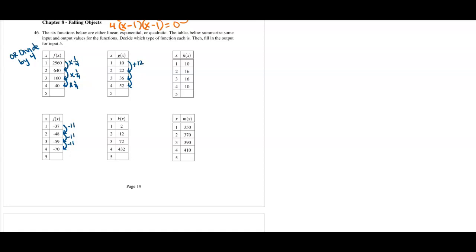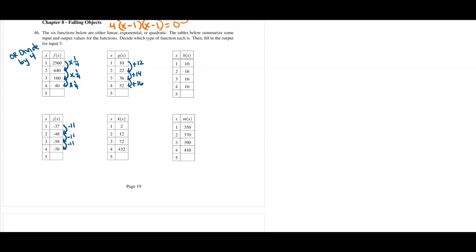Now I'm looking at 22 plus what gives me 36. Well, it's not going to be 12 this time, but it's going to be 14 this time. Yeah. Okay, and then what about the next one? 36 plus what gives me 52? 16. Yeah, that's right.